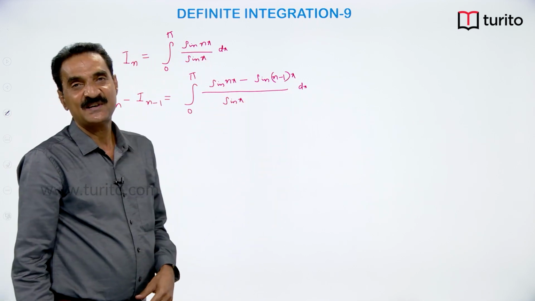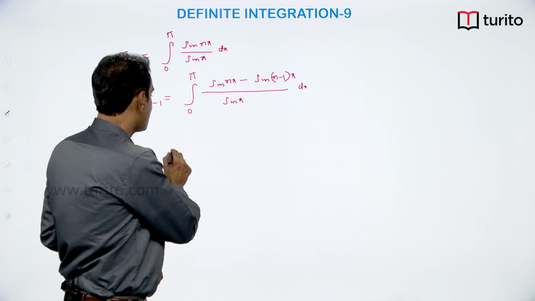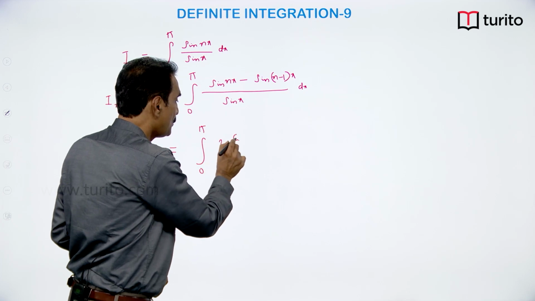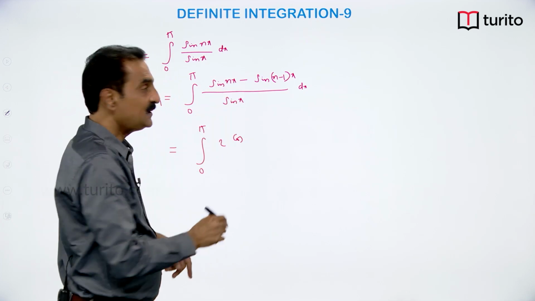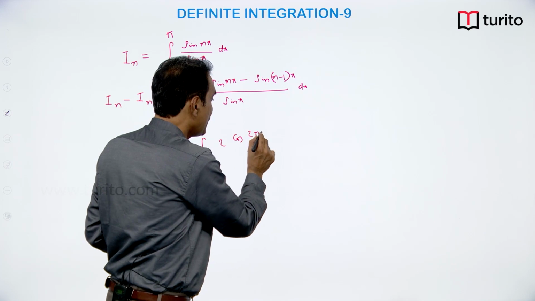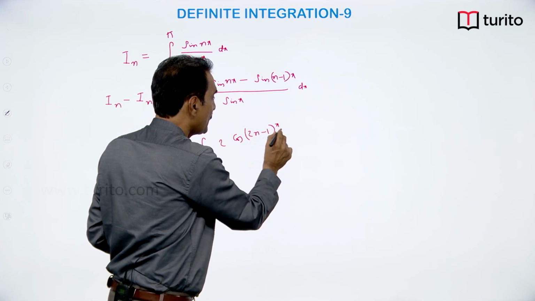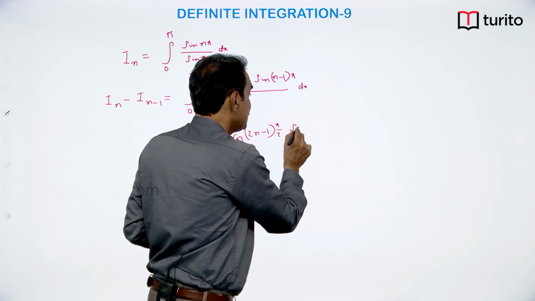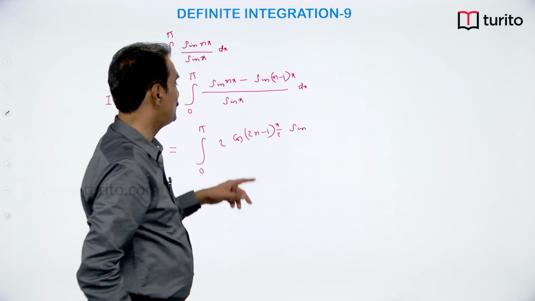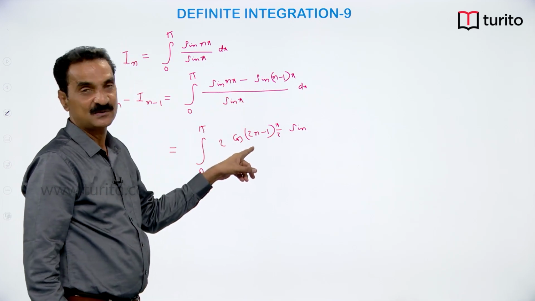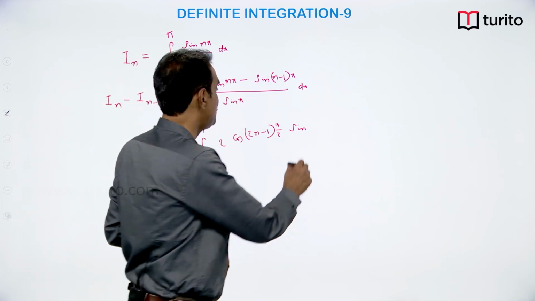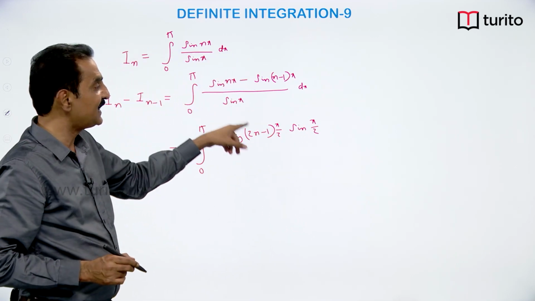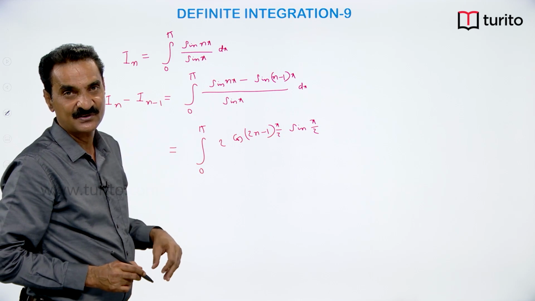What is sin c minus sin d? 2 cos (c plus d) by 2, which is (2n minus 1) into x by 2, into sin (c minus d) by 2. C plus d by 2 is (2n minus 1) x by 2, and c minus d by 2 will be x by 2. That means this sin x is not getting cancelled like the previous questions.